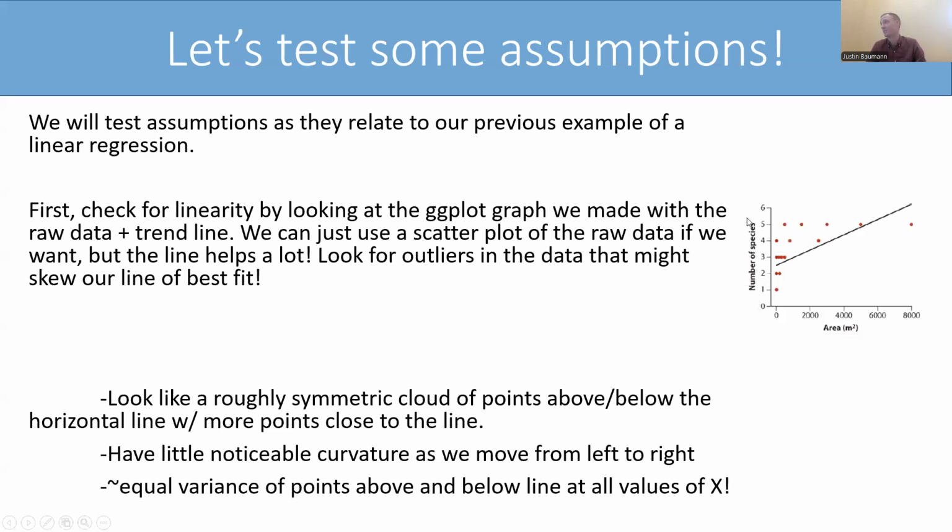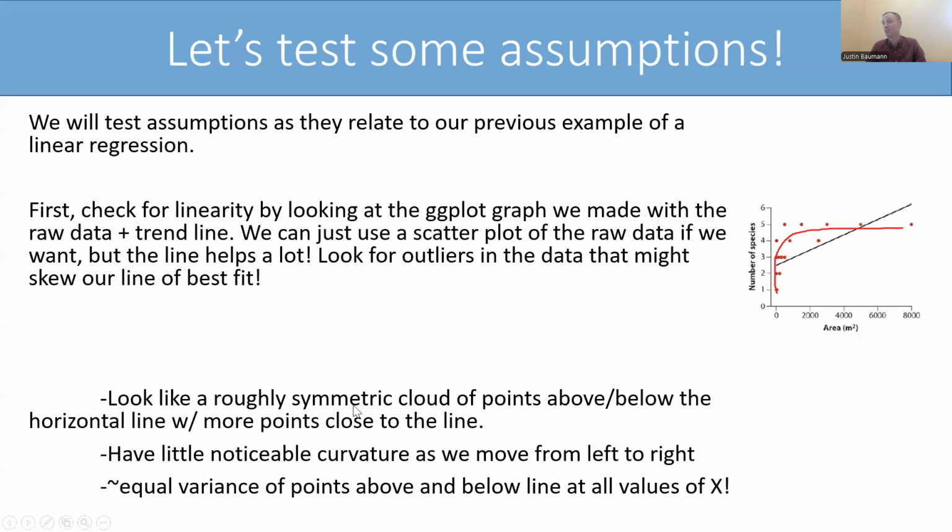This is just an example I'm grabbing. We can use the scatter plot of the raw data if we want, but the trend line helps a lot. So it's really helpful to throw this line in there with geom_smooth. We're looking for outliers in our data like this that might show us that we don't have the line of best fit. We might even see that the data fit a different shape a little better than linear.